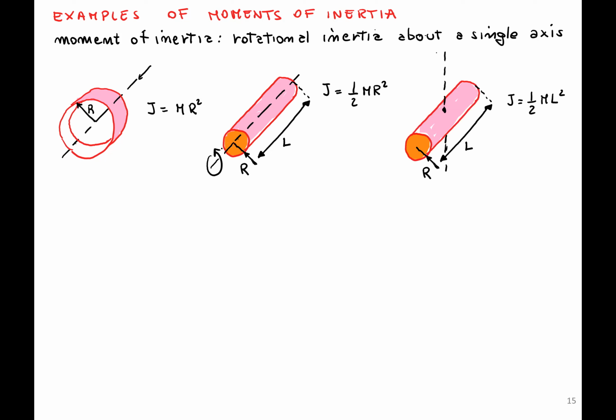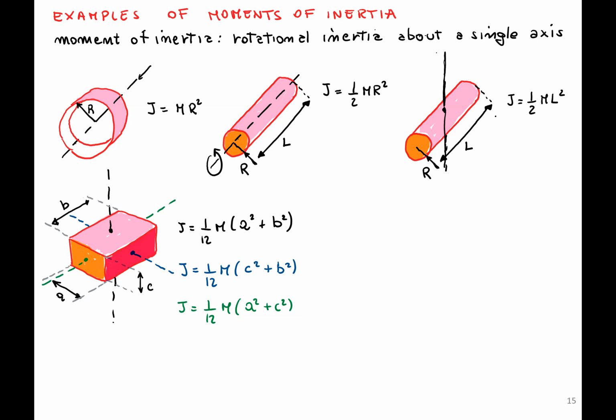If the axis of symmetry we rotate about is this one, then you have a different expression. So we see that this time the radius doesn't account in the inertial computation. It accounts only the length of the bar. And in case of a parallelepipedum like this one, we get different moment of inertia about the free axis.